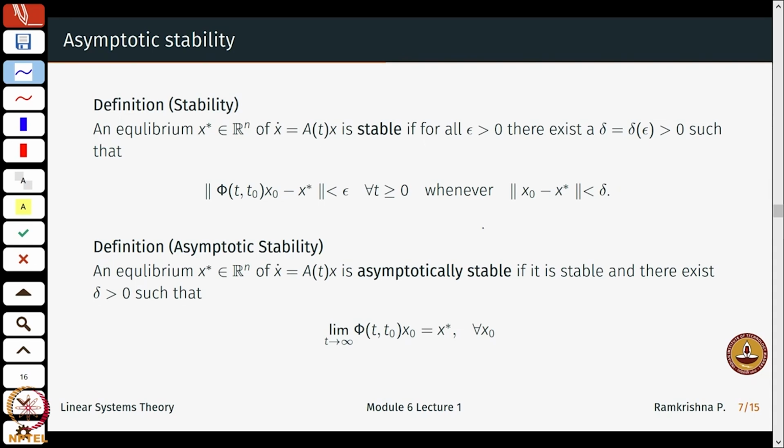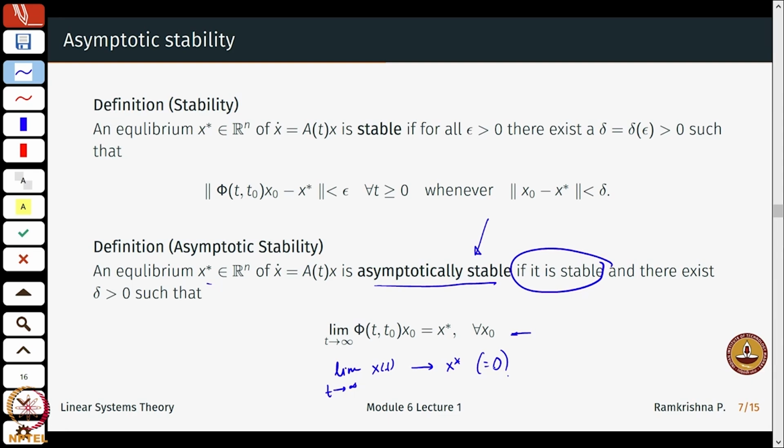Now, additionally on top of that, an equilibrium x star is asymptotically stable if two conditions hold: one, it is stable, and second, as t goes to infinity, x of t should tend to x star, the equilibrium in this case, for all initial conditions, right. Okay, let us see what is new here.